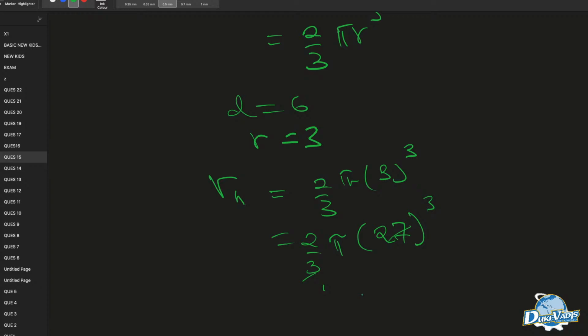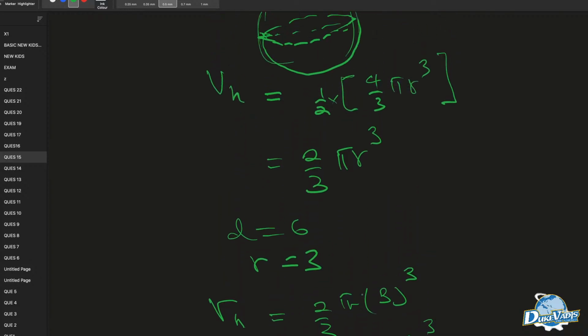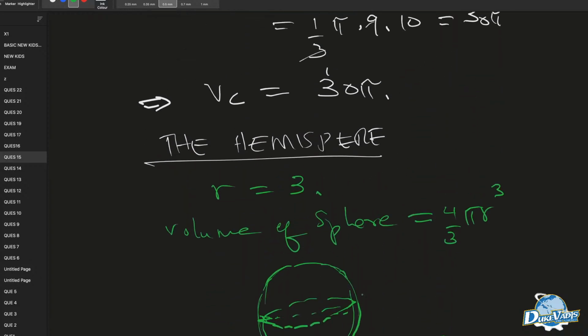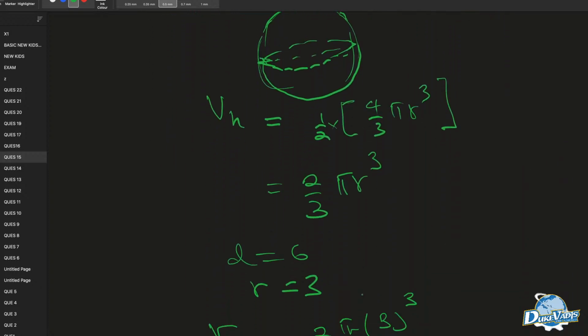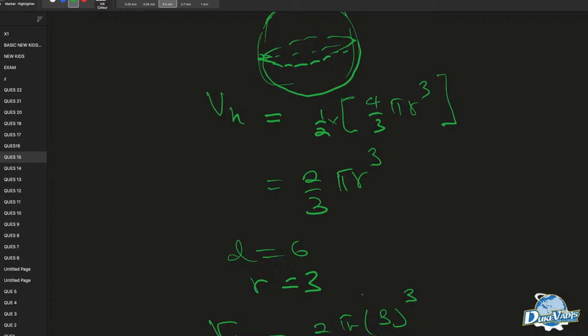So this is the hemisphere, 2 over 3 pi times 27. Let's see, pi r cubed.